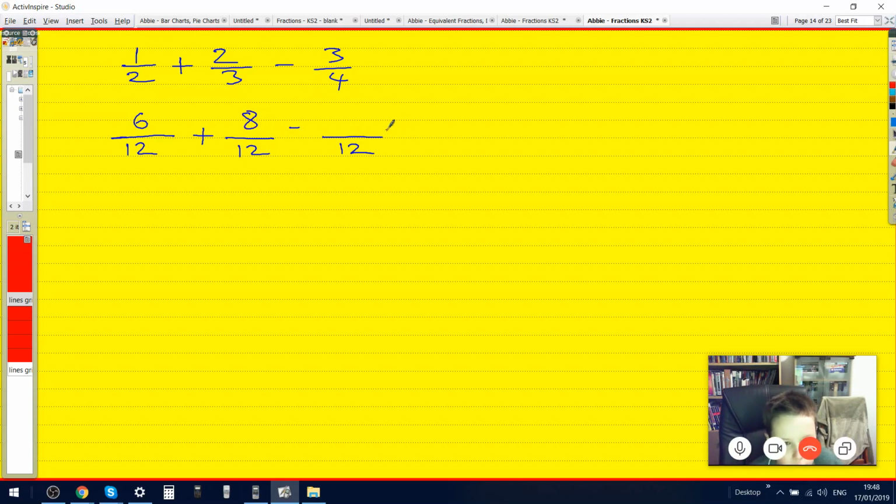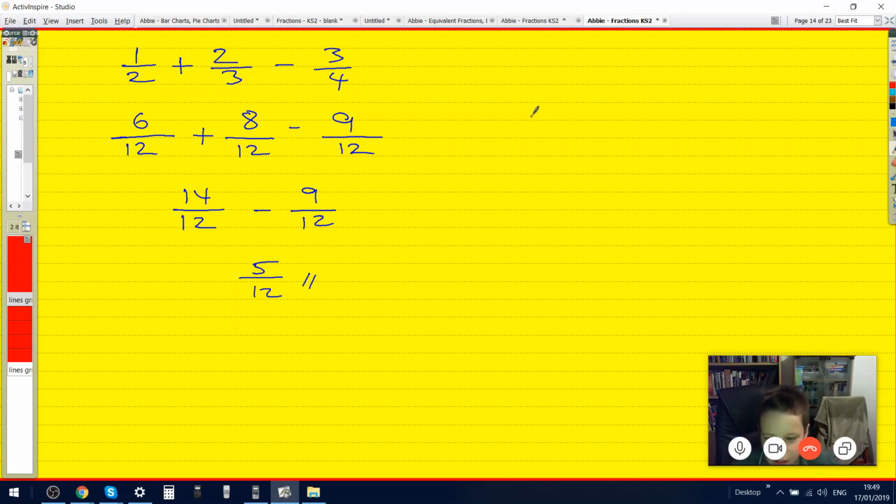And then for the last one, you times 4 3 times to get to 12, and so 3 times 3 is 9. Mm-hmm. And then 6 twelfths plus 8 twelfths is 14 over 12. And then 14 over 12 minus 9 twelfths is, I think, 5 over 12. Yes, 5 over 12. Well done. Any questions there? No, I don't think I have any.